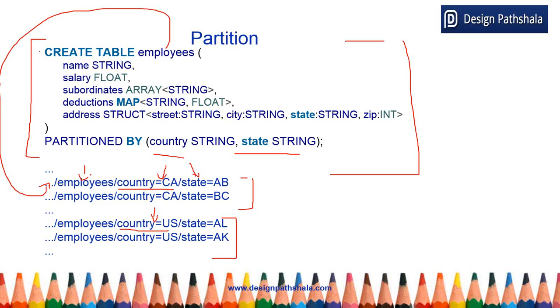Practically, I will request you, if you are placing your data physically or externally, to have folder structures like this. Otherwise, I will create a folder structure similar to this if you are importing data into a table which is partitioned by the columns you have defined in the partition by clause.